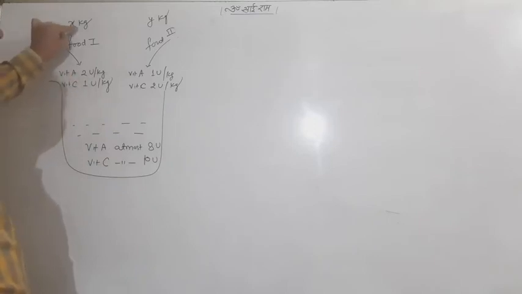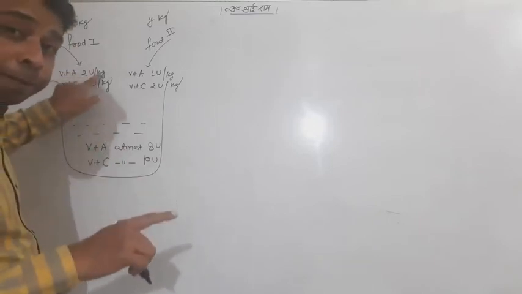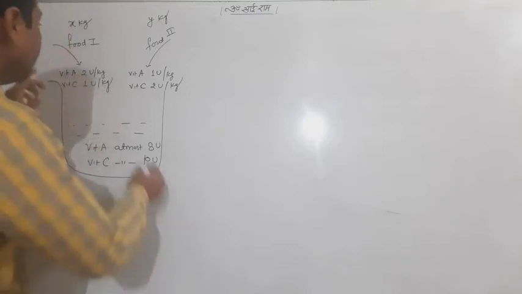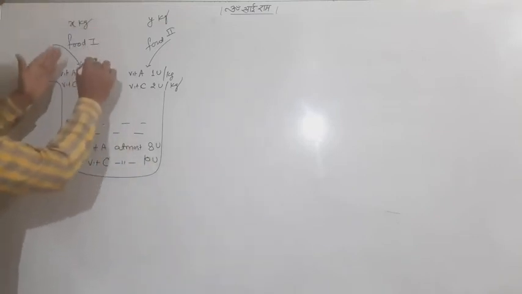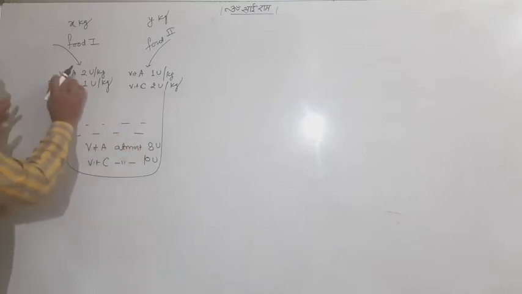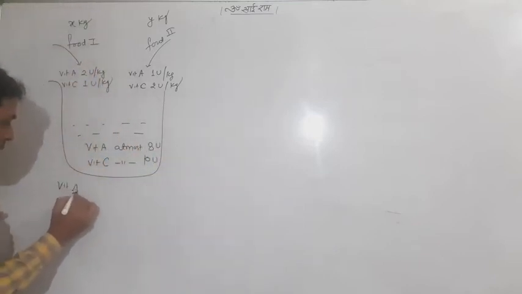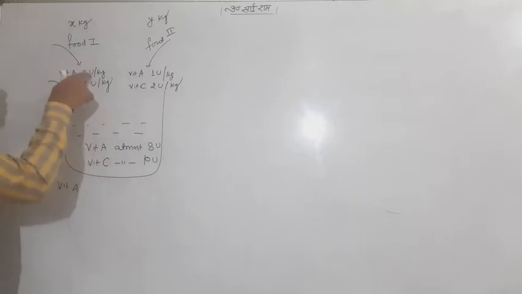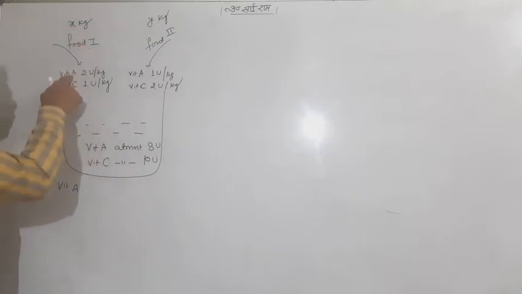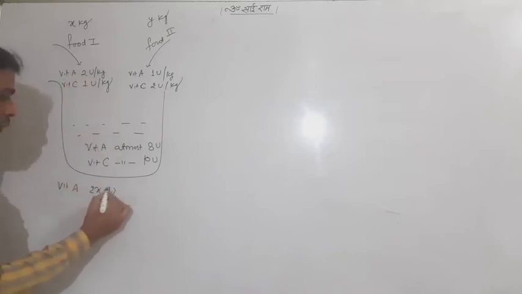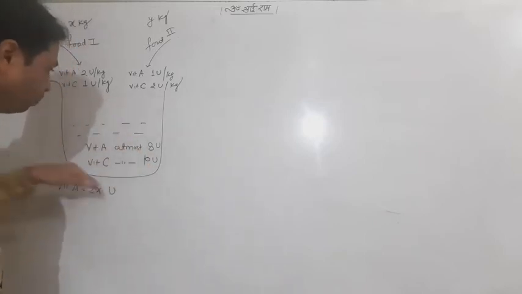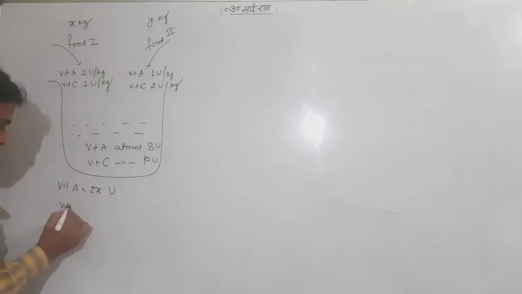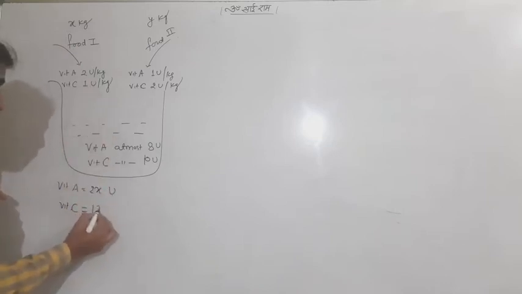Vitamin A in this x kg: 1 kg contains 2 units of vitamin A, so x kg will contain 2x units of vitamin A. So for food 1, vitamin A is 2x units in the pot. Vitamin C you decide the same way: 1 unit per kg, meaning x units of vitamin C.